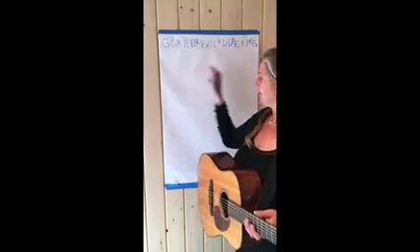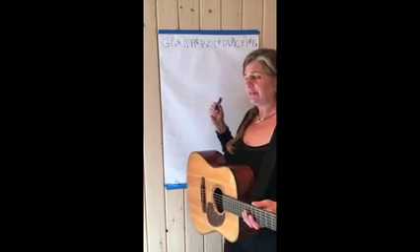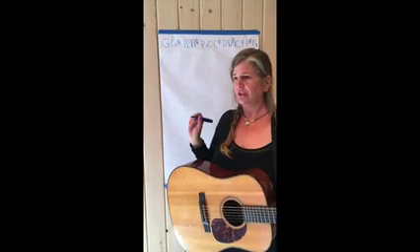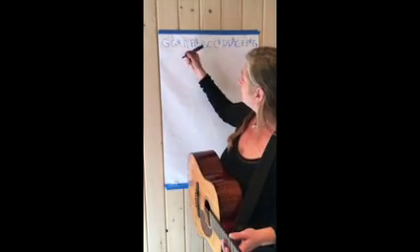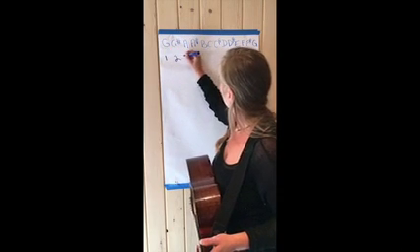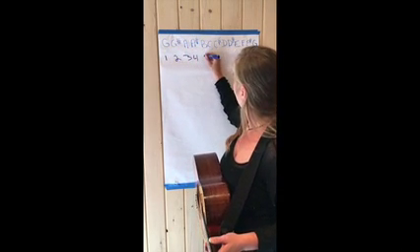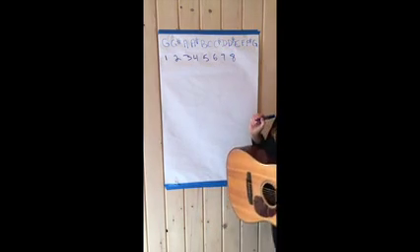Scales are a select number of notes out of the whole alphabet. We're going to start with the most fundamental, which in our world is the major scale. It has 8 notes, so it's called a 1-octave scale. 1, 2, 3, 4, 5, 6, 7, 8.